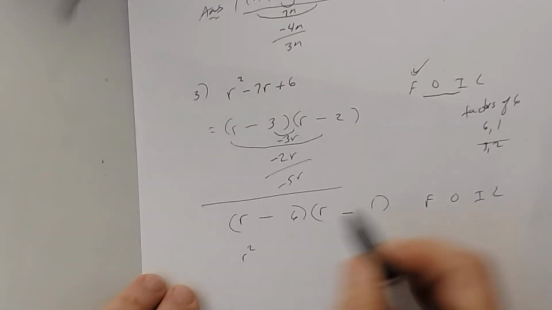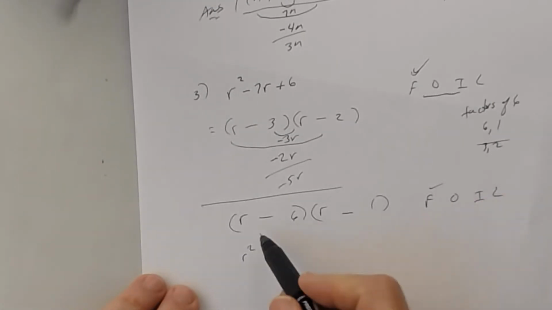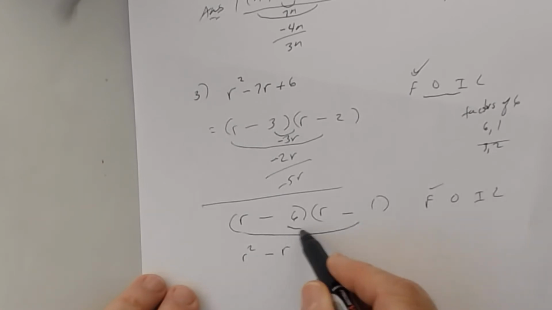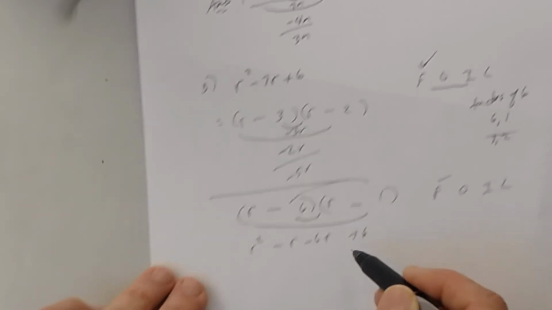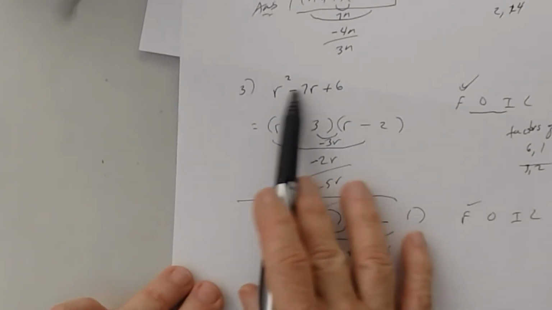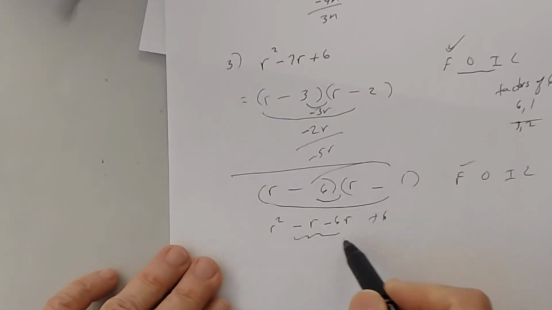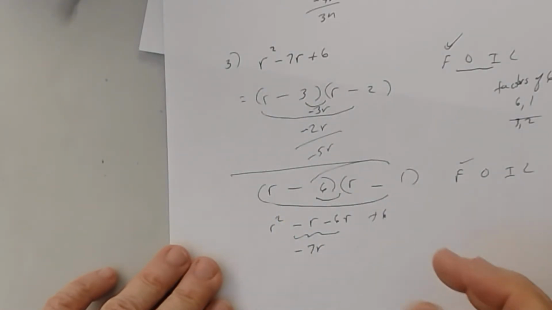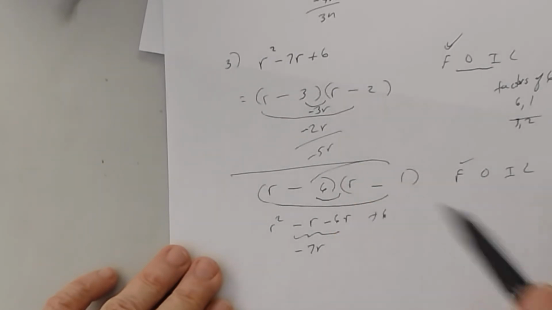So r squared, I have my first. What's the outer? Negative r. What's the inner? Negative 6r. What's the last? Plus 6. When I combine them, do I get my trinomial here? Because what's the outer and the inner combined? Negative 7r, which is what you want. And I have the r squared and I have the plus 6. There's number 3.